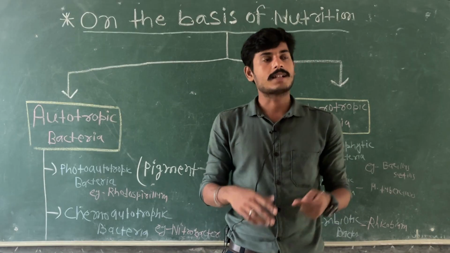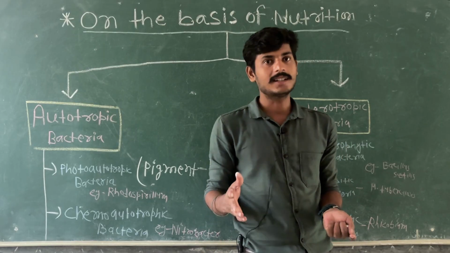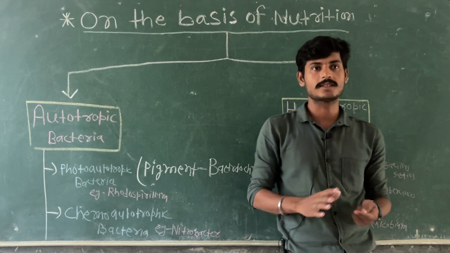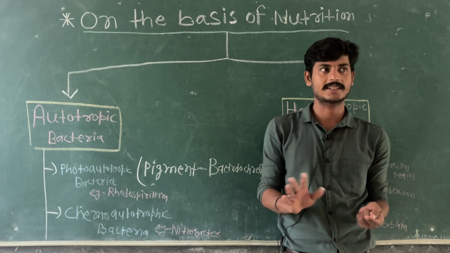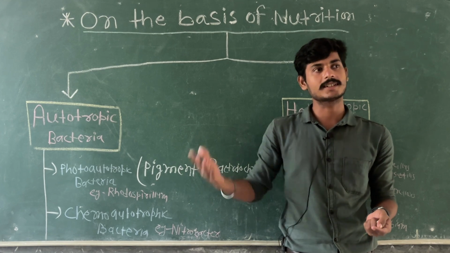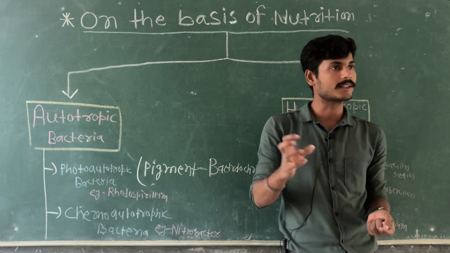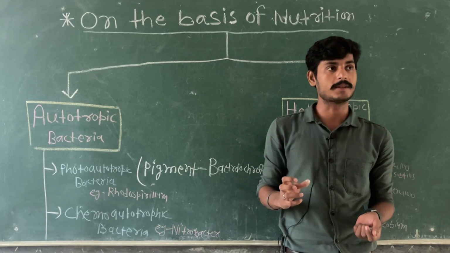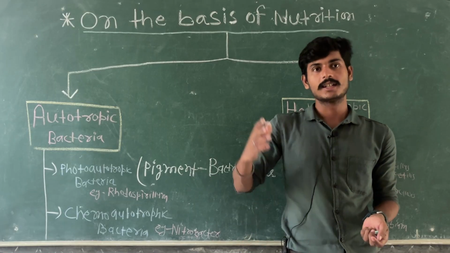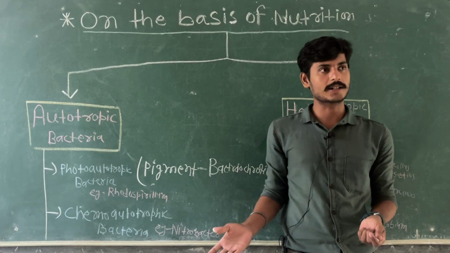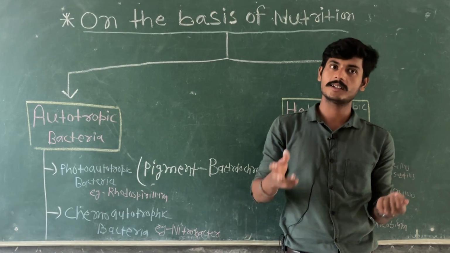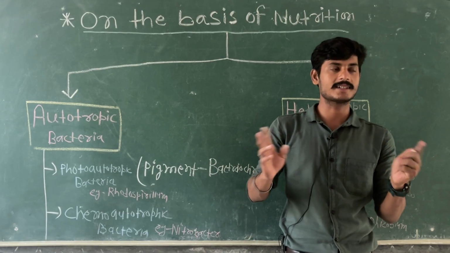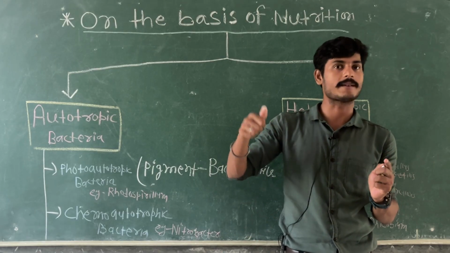If it is an anaerobic bacterium, then the final acceptor is not oxygen. Another substance helps the bacteria accept the electron, and they again undergo the Krebs cycle and electron transport chain and obtain energy. The main thing is that energy-wise, aerobic bacteria are more efficient.